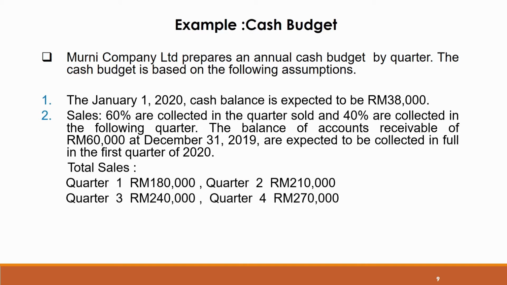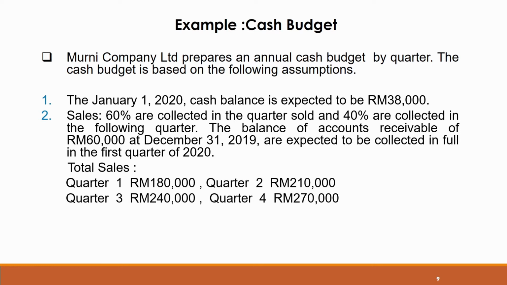You can look at the question: the total sales for quarter 1, 180,000; quarter 2, 210,000; quarter 3, 240,000; quarter 4, 270,000. So we should get the collection from customers based on the percentage given in the question. 60% is collected in the quarter sold and 40% in the following quarter.